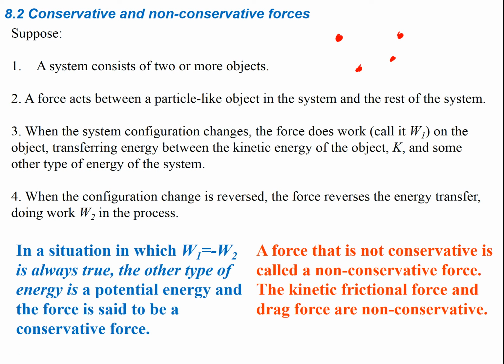The best way to think of this is the Earth and an object above the Earth. This is our first configuration. If we release the object, it's going to be pulled downward by the force of gravity, and it has a lot of gravitational potential energy when it's up here. As it's falling down, this potential energy is transferred into kinetic energy because it speeds up.